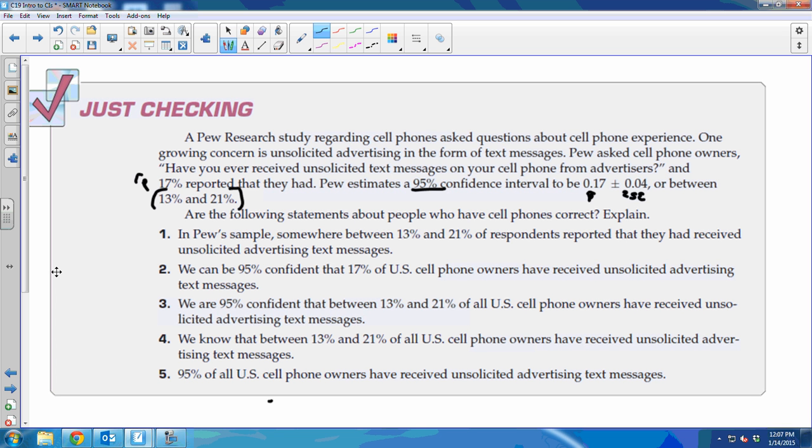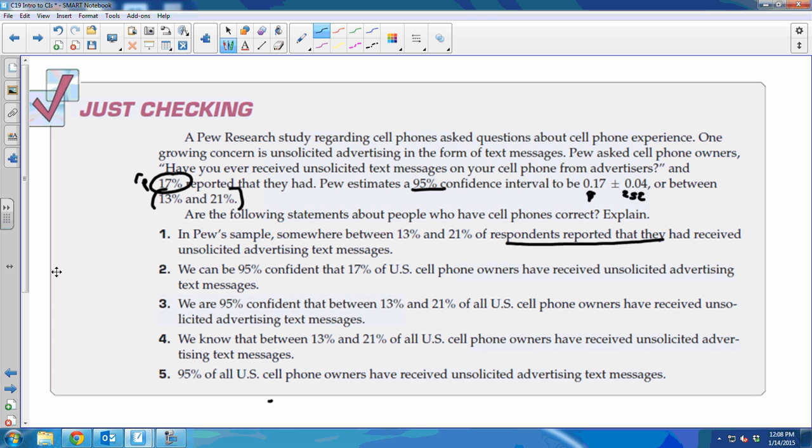This is technically a correct statement, but we know it's 17%. It says respondents reported. Yeah, 17% did. So, like, is that a confidence interval statement? No. There's no reason to make that statement. We know that 17% responded that way.